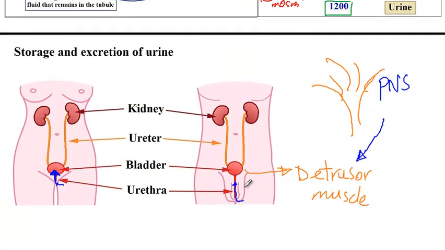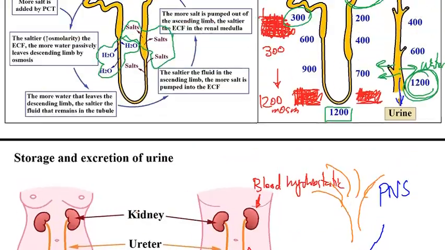So if we have the prostate here that is enlarging, what happens? Hydrostatic pressure keeps on building up in the bladder, in the urethra, and it will eventually affect the kidneys. So now because of too much hydrostatic pressure buildup in the Bowman's capsule, there will be difficulty for blood hydrostatic pressure to push fluids into kidneys, as a consequence of which there would be decreased urine production.